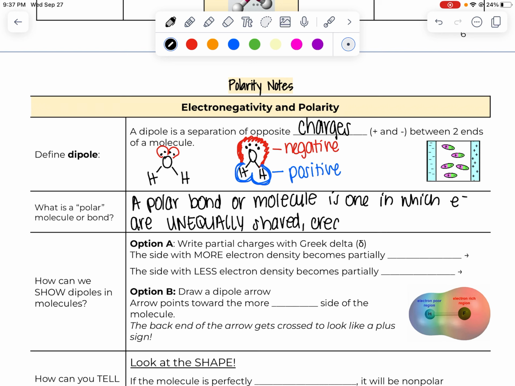And what this does is it creates partial charges. Okay, so a couple of keywords here. First keyword, unequally. Second keyword, partial.